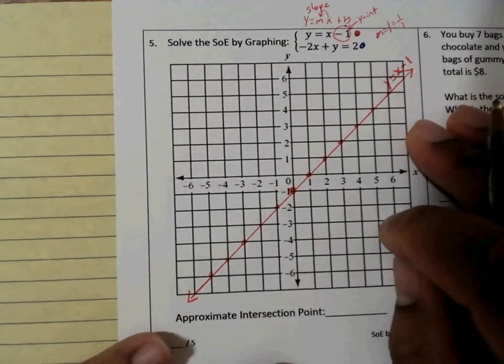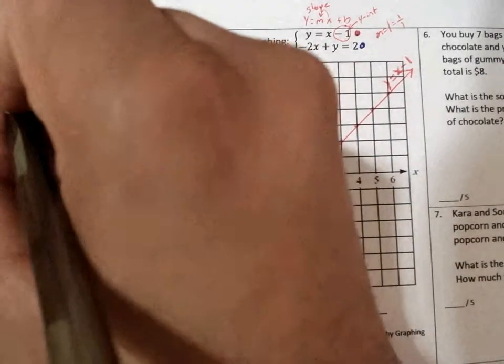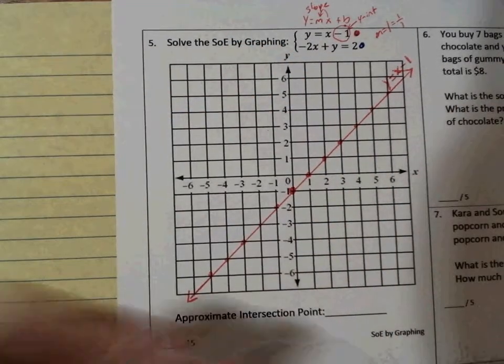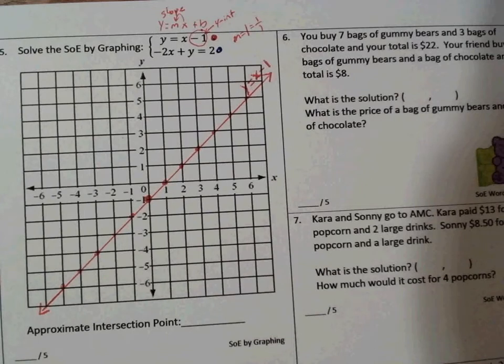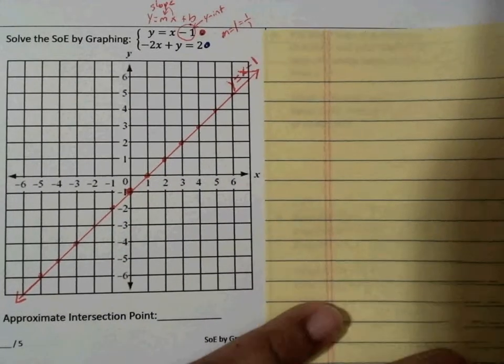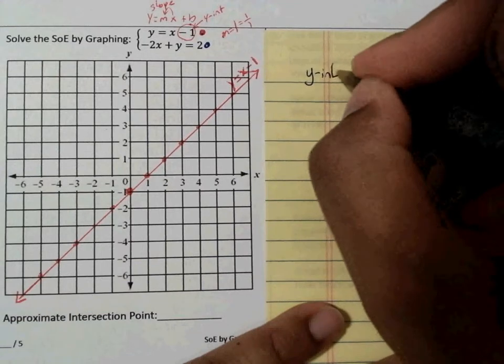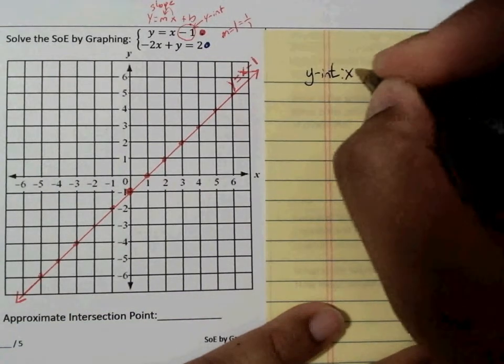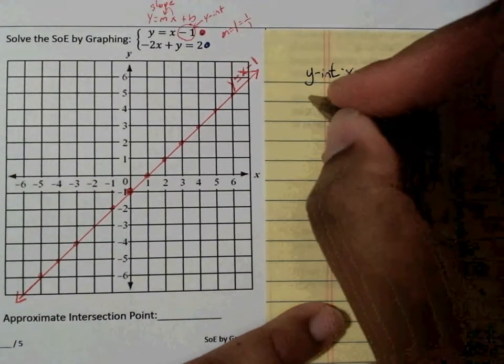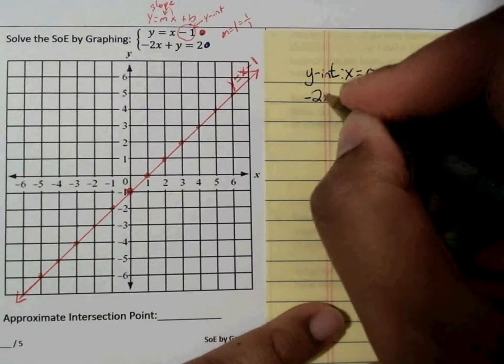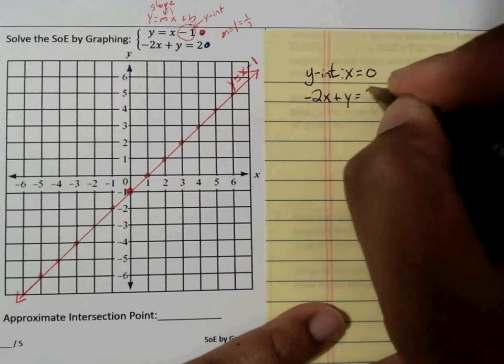So for those of you who aren't sure what I really did, if I want to find the y-intercept, it's going to be hard for me to write on that side. So let me put this right here. There we go. So if I want to find the y-intercept, we know x is equal to 0. So we take our equation, -2x plus y is equal to 2.